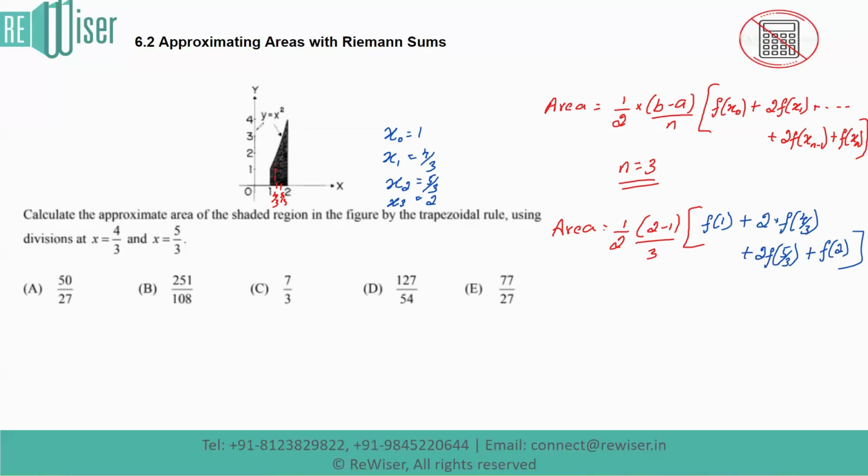And the graph is given as f of x equals x squared. So f of 1 would be just replacing x with 1.